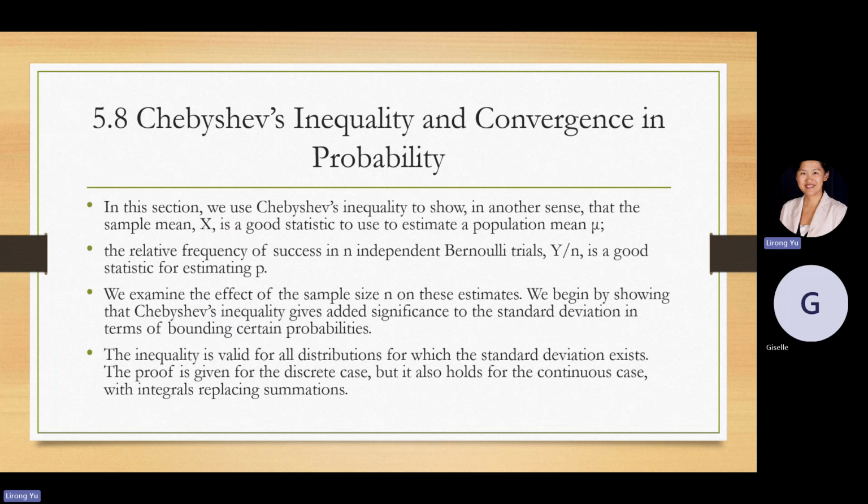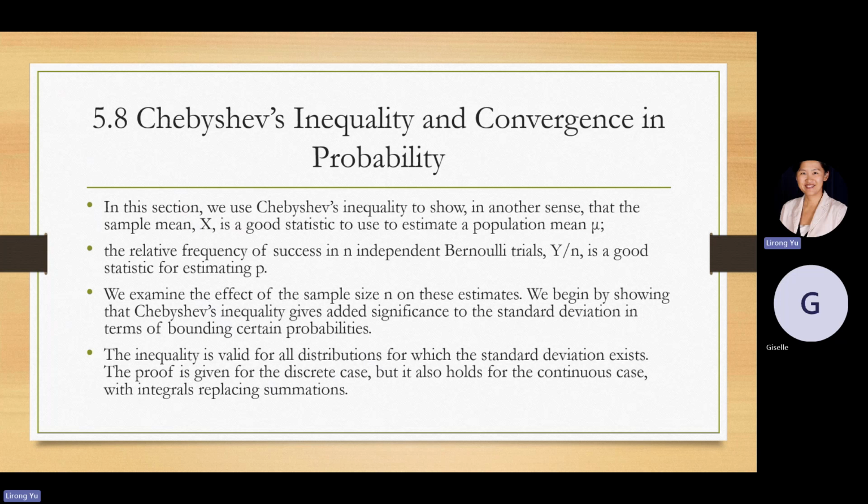One of the examples where we can apply Chebyshev's theorem is the binomial distribution. Suppose you run a trial n times, that would be a binomial distribution.